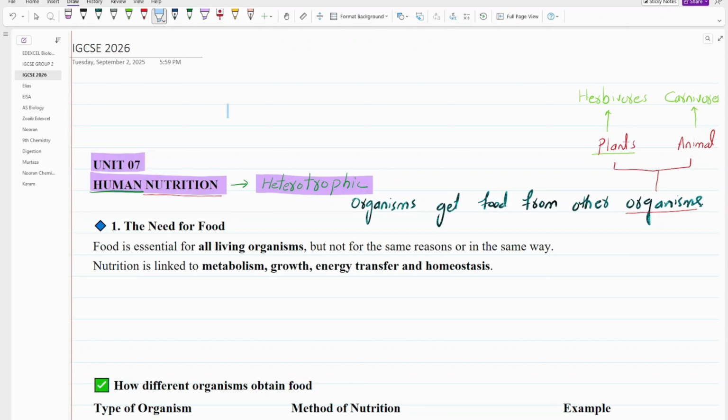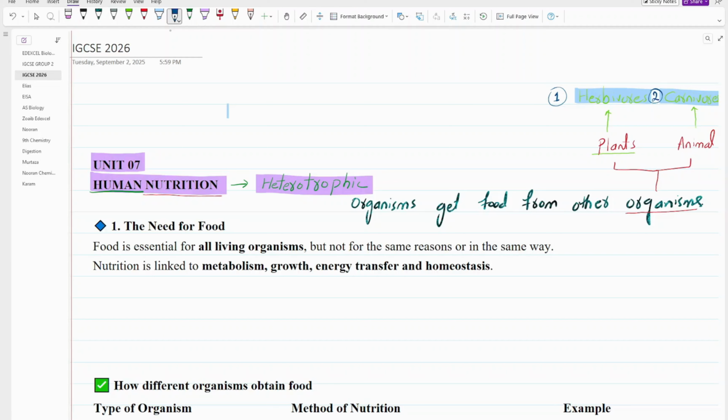So you can say there are two methods of nutrition in animals, herbivorous or carnivorous. There is another one also called omnivores, but omnivores are the ones which can eat both the plants and animals. So basically, there are only these two methods of nutrition. Animals may be herbivores or carnivores or eating both, called omnivores.